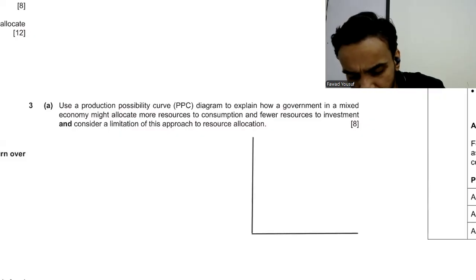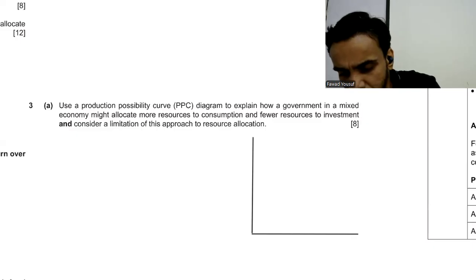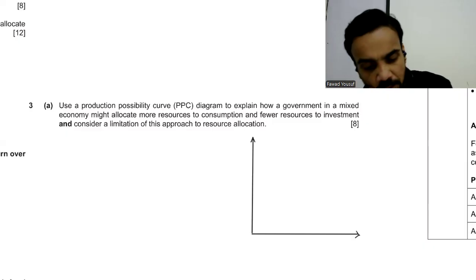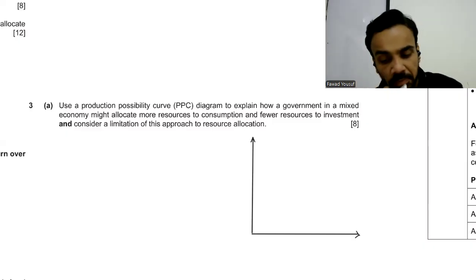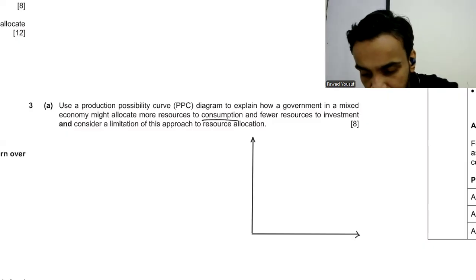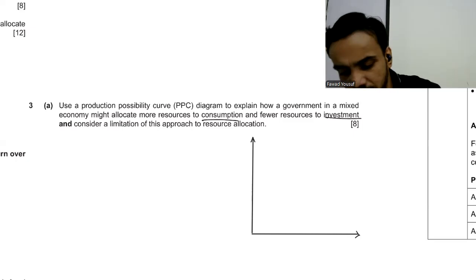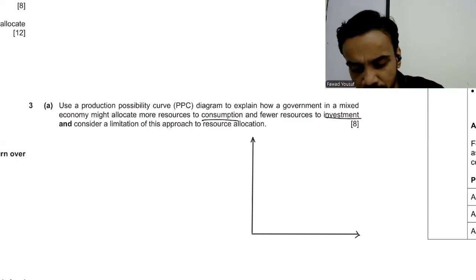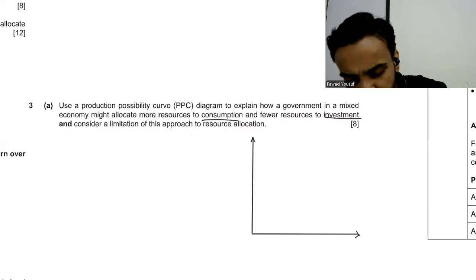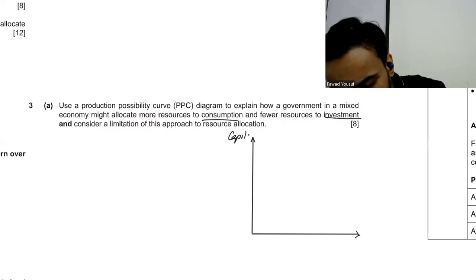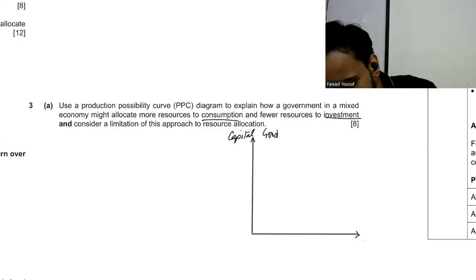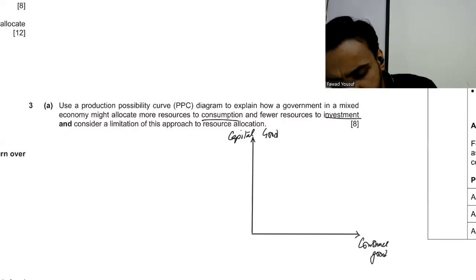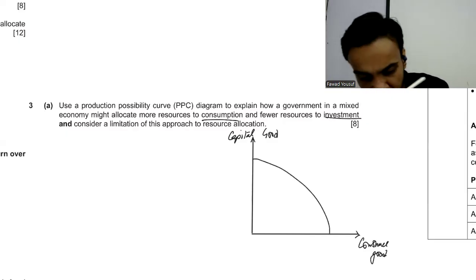It's capital and consumer, because it's investment and consumption. Exactly. So capital के लिए हम, and fewer resources to investment. So let me take capital good over here, and capital good पूरा लिखना जरूरी है, and consumer good over here. All right, we'll make an increasing opportunity cost curve.